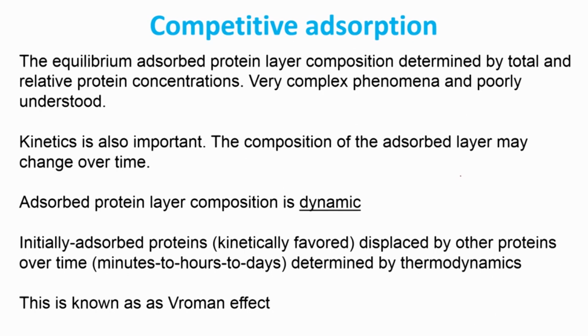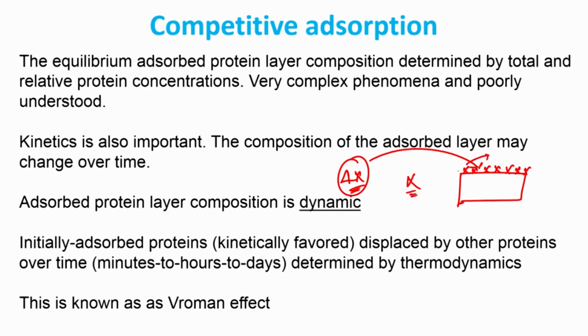So, let us say I have a protein adsorbing on a surface with a certain affinity x, and then I have another protein with an affinity of 4x, even though this protein is at a lower concentration and maybe has taken time to diffuse to the surface and x has already adsorbed to it, what will happen is this protein will eventually be able to slowly displace this and get adsorbed there, because the equilibrium says that the higher affinity will dominate over the lower affinity.